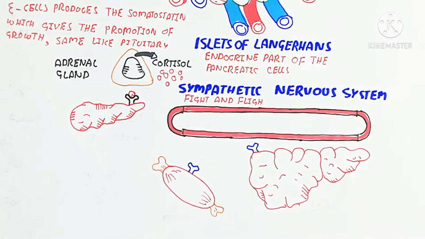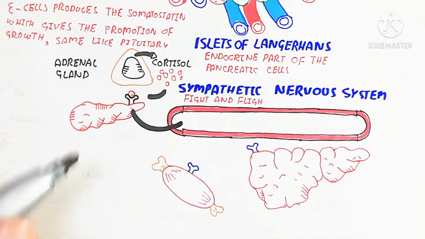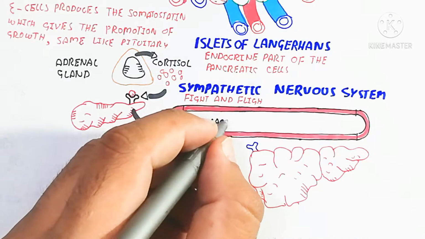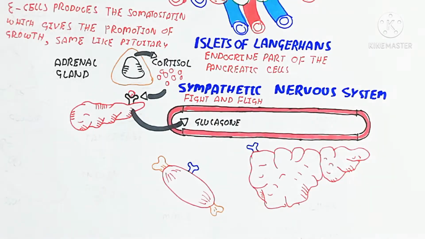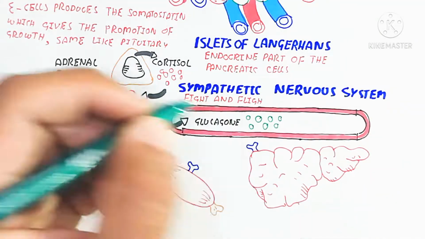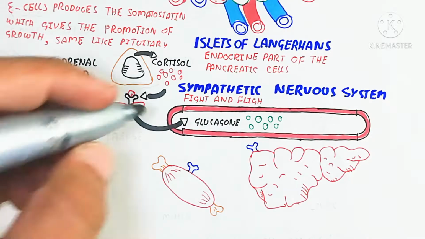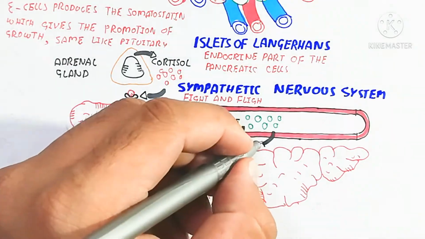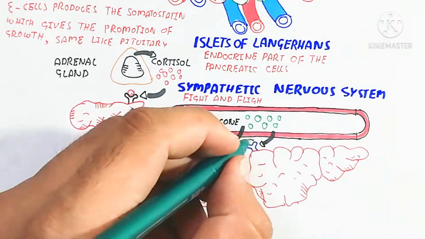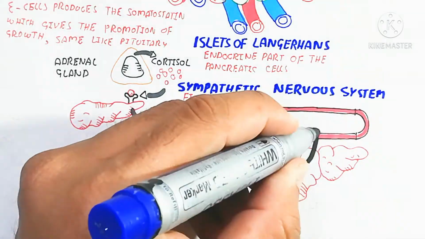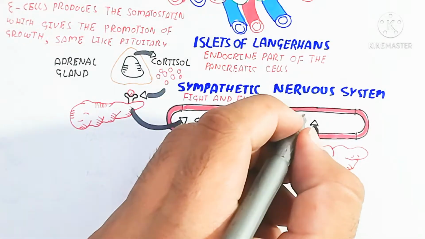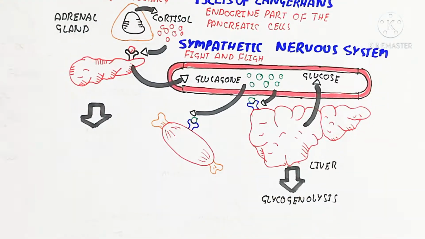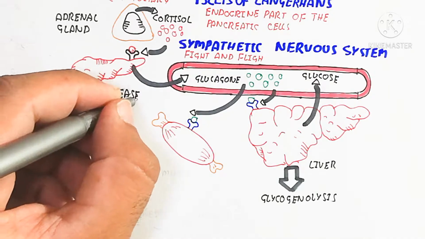This hormone stimulates the pancreatic cell to produce more glucagon, and this glucagon production stimulates the release of sugar by binding with the liver and muscle cells. So the myocyte and hepatocyte allow sugar to move out of their cells, and the glucose level will be high.